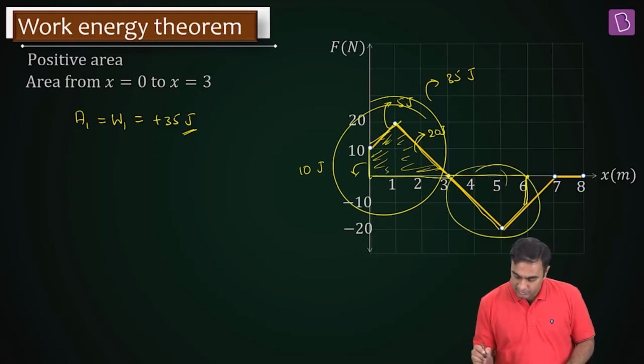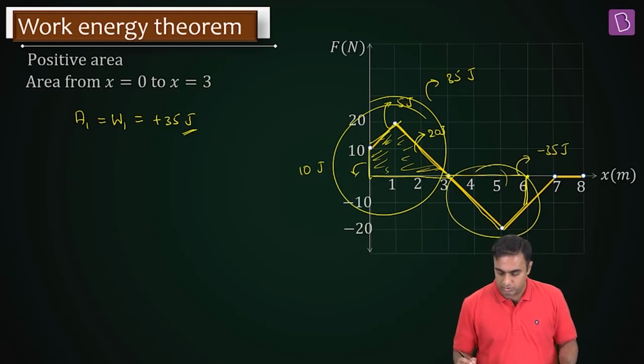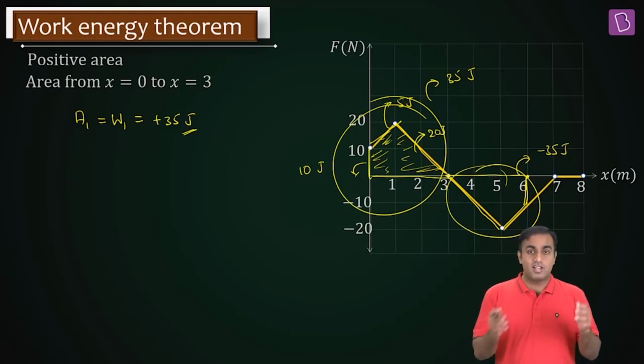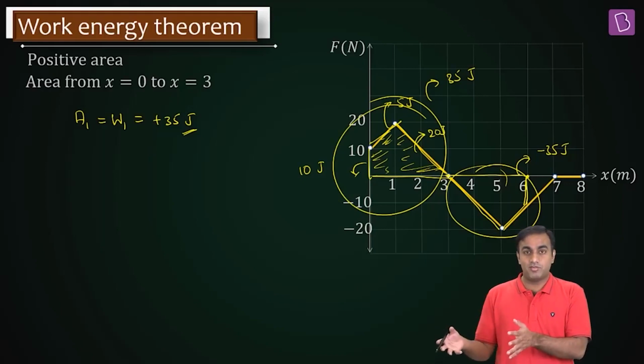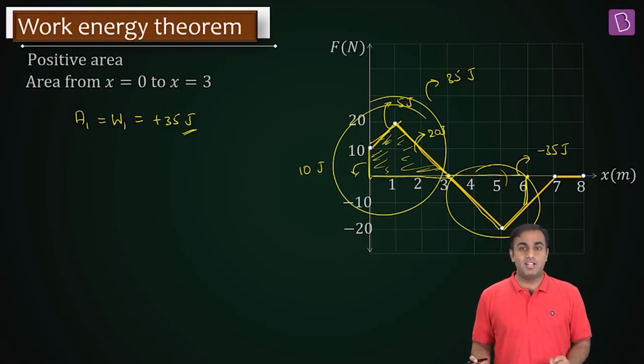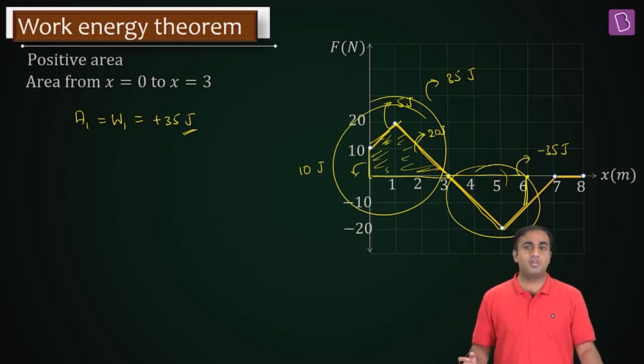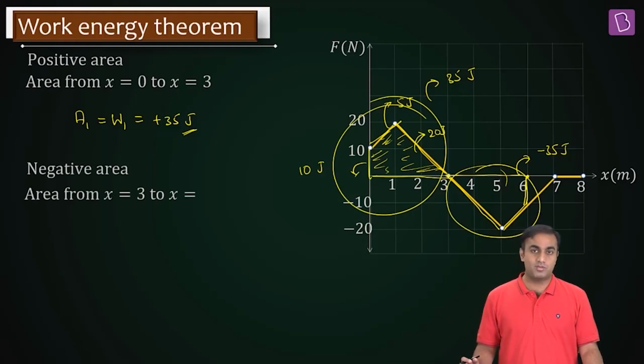So this negative area must be equal to minus 35 joule in magnitude. Basically, this is negative work done. What does this mean? 35 plus minus 35 will give you 0. So the work done all the way from the coordinate x is equal to 0 till x is equal to 6 add up to give you 0.